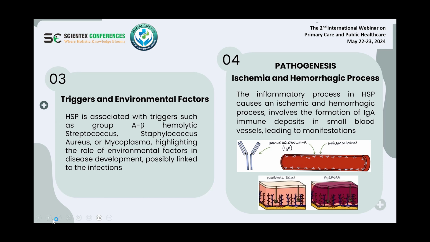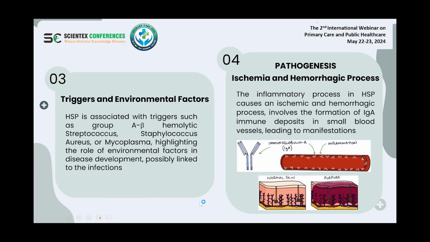Mostly group A beta hemolytic streptococcus is found in 20 till 50% of patients by serologic or bacterial culture. And this patient is suspected to have HSP originating from an upper respiratory tract infection because he had symptoms of cough, runny nose, and fever 2 weeks before the redness on the body appeared.